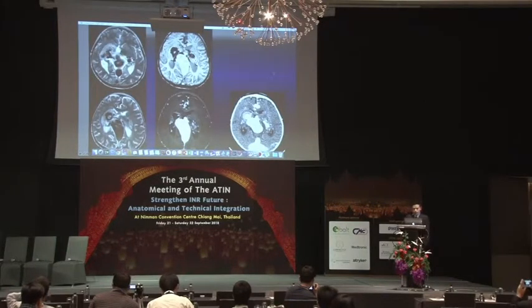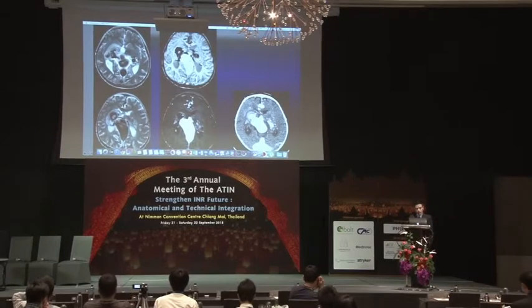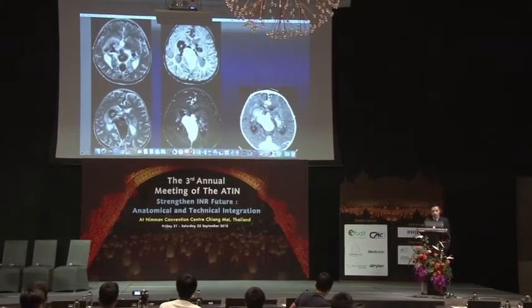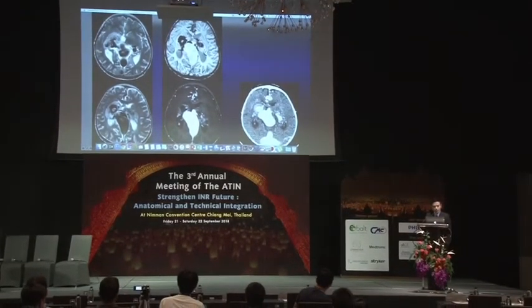In the MRI, compared to the CT brain, you can see the progression of the venous pouch in this image. And there is a perilesional edema here that caused the symptom in this patient. And you can see the nidus here.